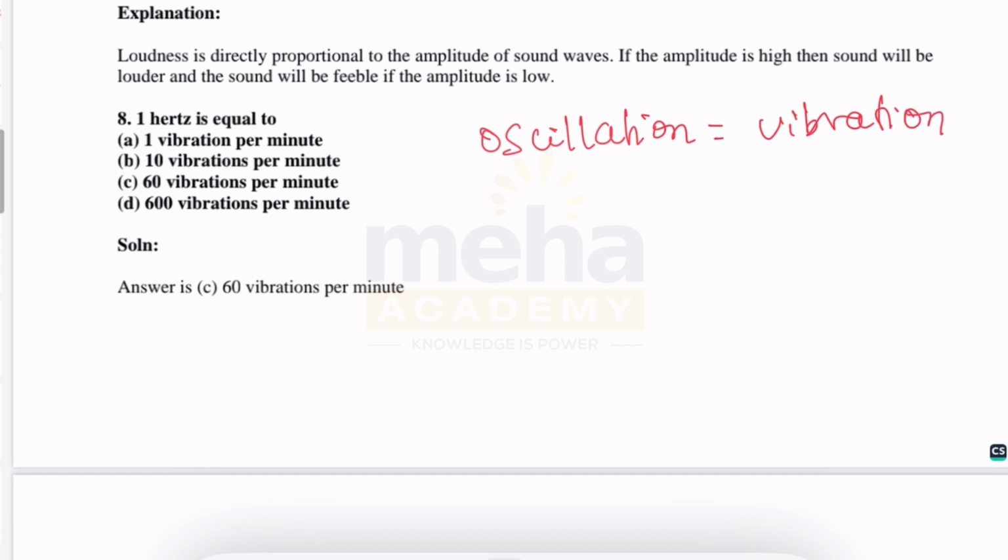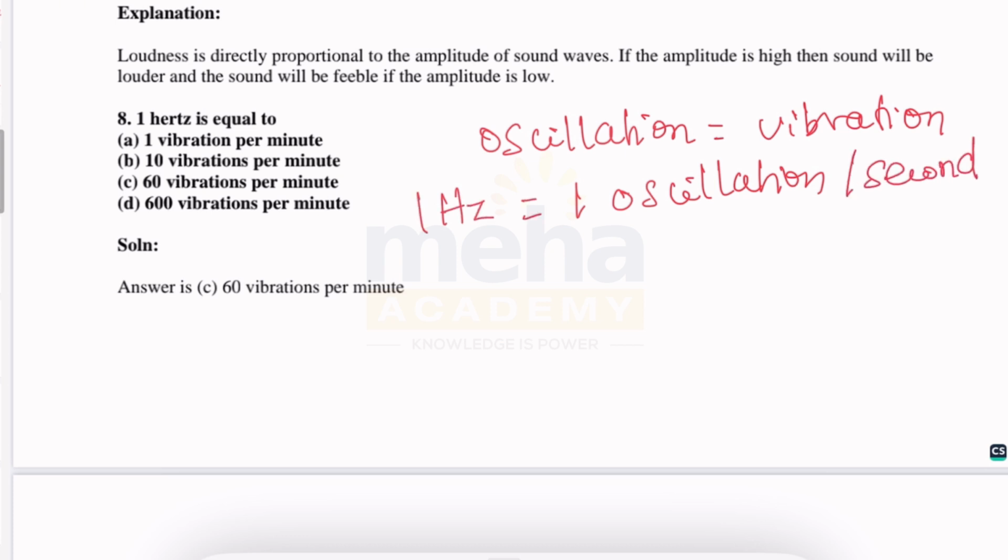So it should be 1 vibration per second. 1 Hertz is equal to 1 oscillation per second, or 1 vibration per second. But when you look at the options, everything is in minutes.